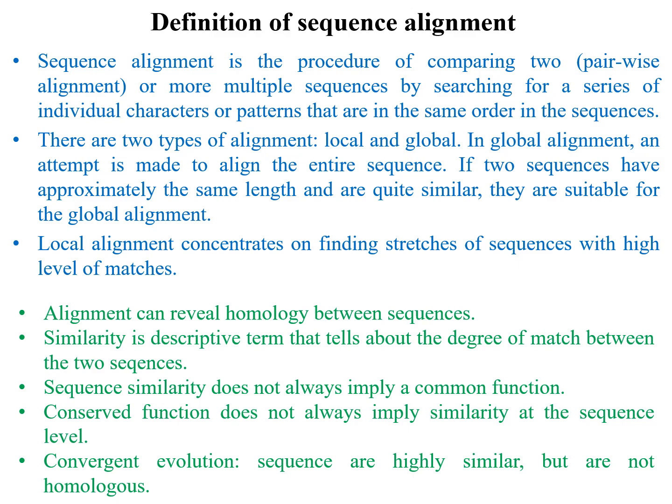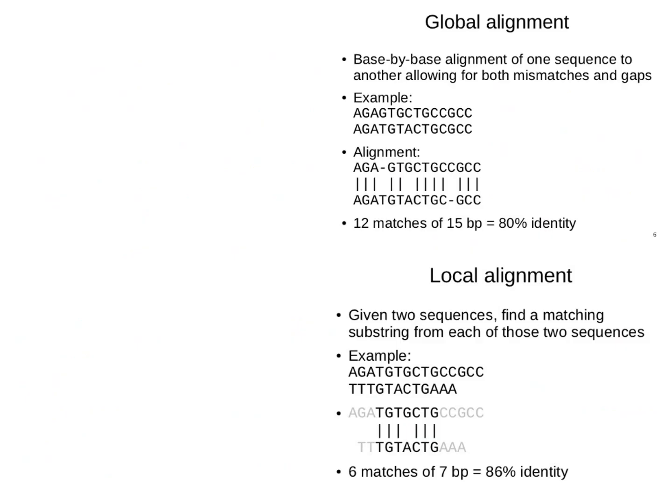So let's move on and have a look at this particular page. You can see there are two sequences in the first example under global alignment. Though they are of equal length, when they are arranged under each other like this, you can see there are so many mismatches or non-matching characters placed under each other.